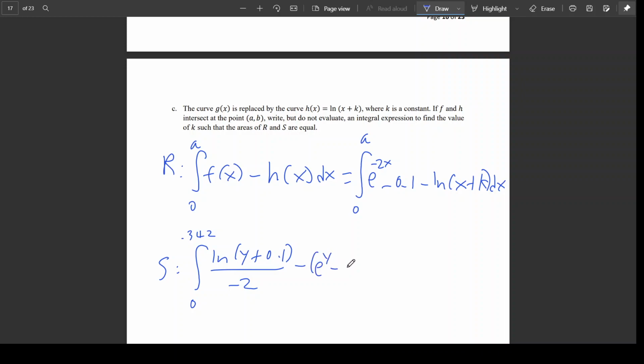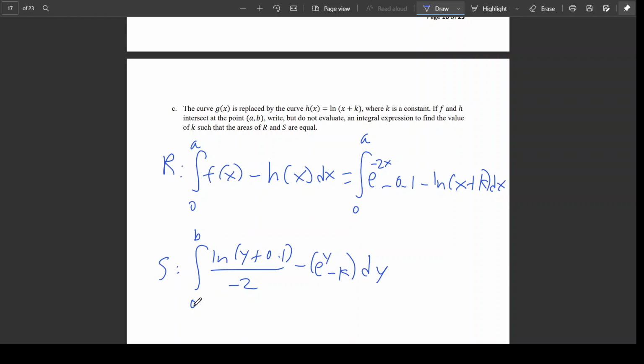So now all we have to do is modify this answer to help us in part C. Instead of going from 0 to 0.342, we're going from 0 to b, because b is the y value of the intersection point. And also instead of minus 1, we're going to have minus k, because the number 1 got replaced with the number k here.